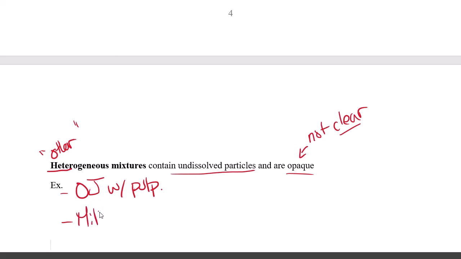Milk is a heterogeneous mixture, right? It's opaque, and that's because even though it seems at the large scale like it is clear, it's got teeny tiny fat droplets in it that are not fully dissolved because the fats are nonpolar. They don't dissolve very well in the polar water, and that's why it would be considered a heterogeneous mixture.